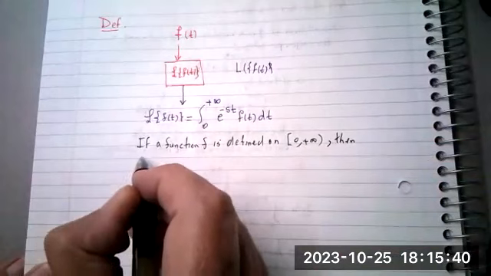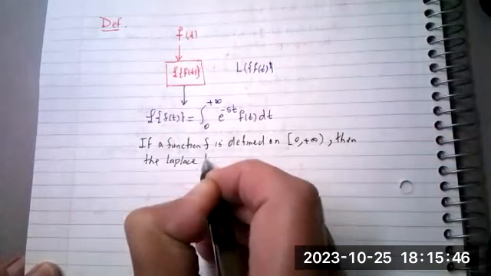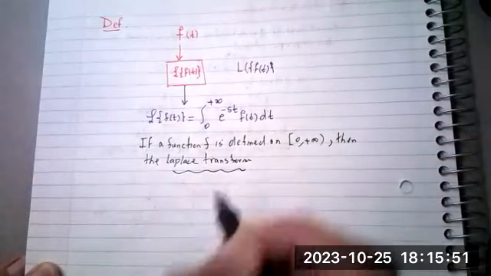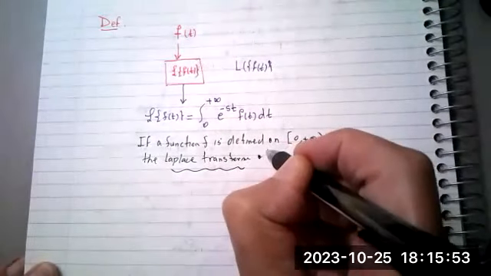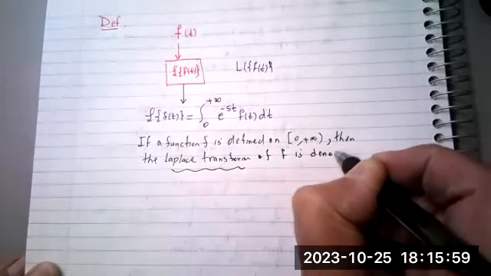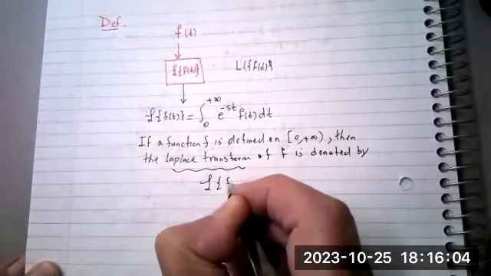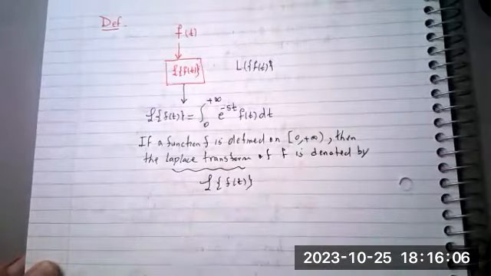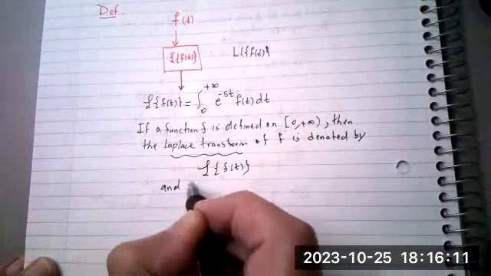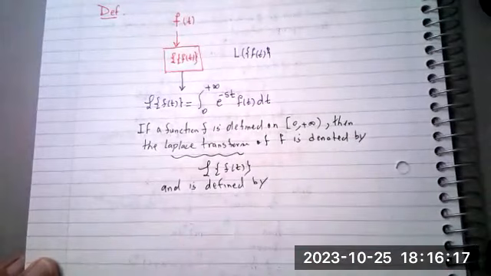the Laplace transform of this function f is denoted by the notation L of f of t. That's a notation, and it is defined by this formula.